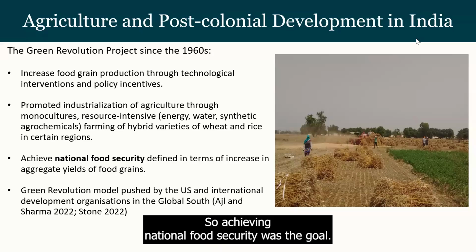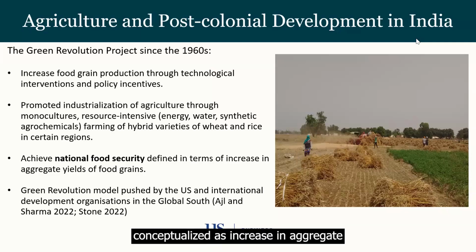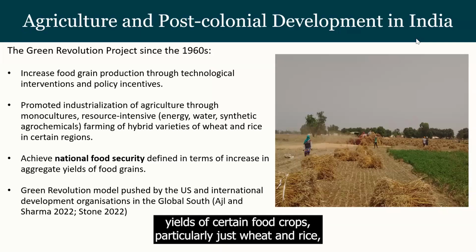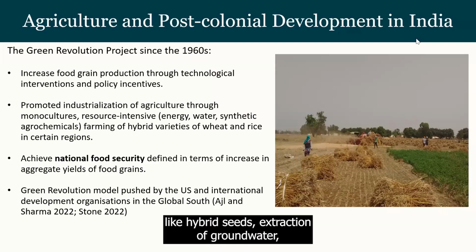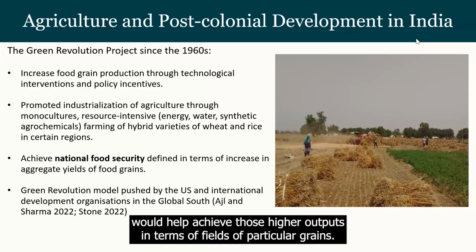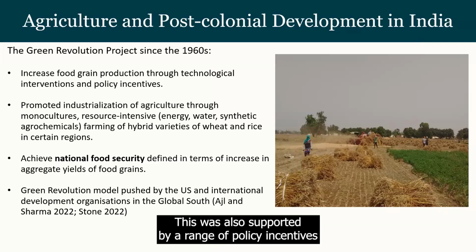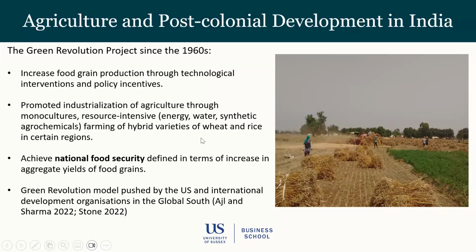So achieving national food security was the goal, and this was conceptualized as an increase in aggregate productivity and yields of certain food crops, particularly wheat and rice, by centering on particular areas where technological interventions like hybrid seeds, extraction of groundwater, and increased use of fertilizer and pesticides would help achieve those high outputs in terms of yields of particular grains. This was also supported by a range of policy incentives to farmers through subsidies, but also through procurement of this food grain by the government.